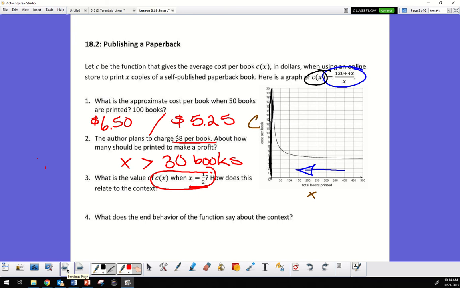Now, what does my X represent? What are the units? Books. Can someone tell me why this is not right? People on an airplane.